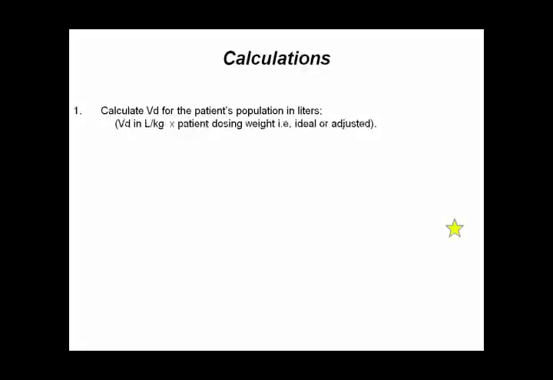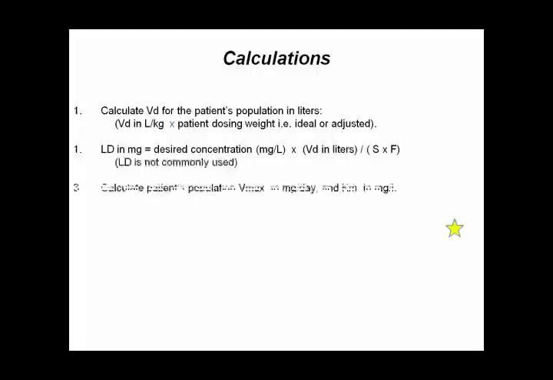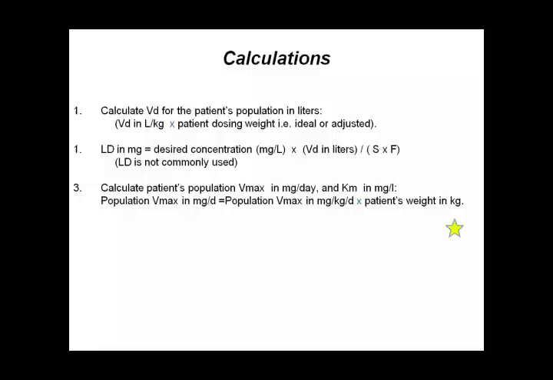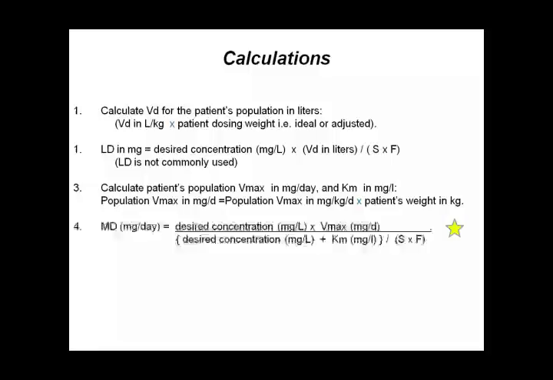VD is 0.65 times dosing weight. Loading dose is the concentration times VD divided by S and F. Population Vmax and KM for the patient are obtained from the tables that we provided in previous slides.